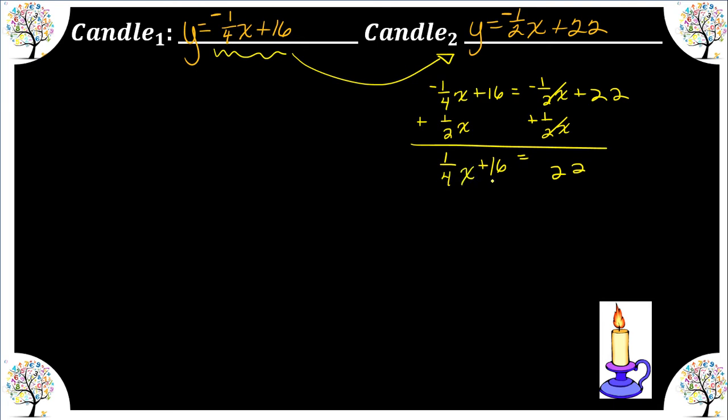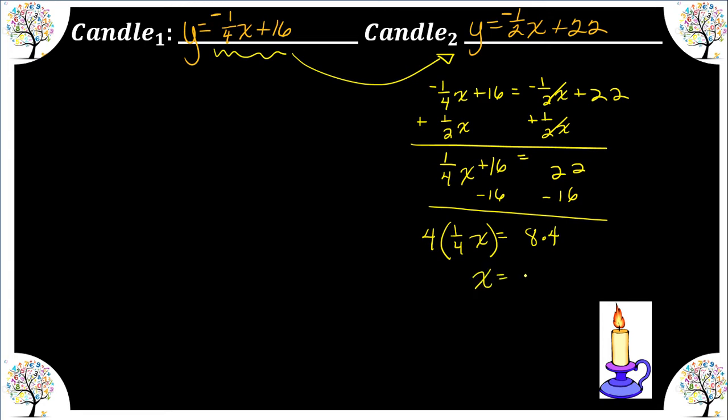And now we need to subtract 16 from both sides. And now we need to multiply by the reciprocal, which is going to be 4.